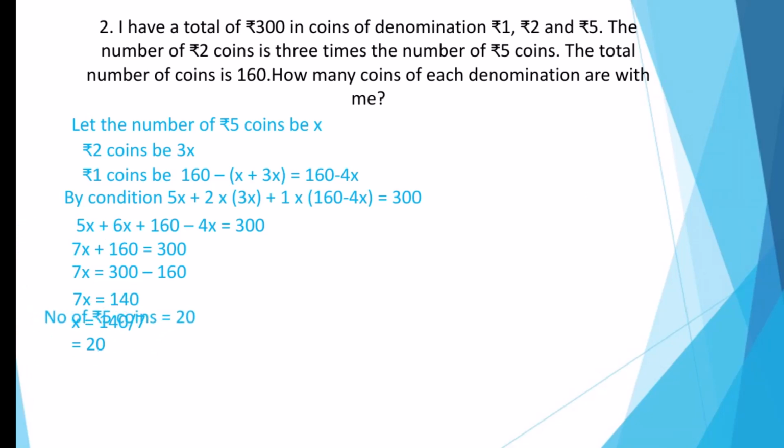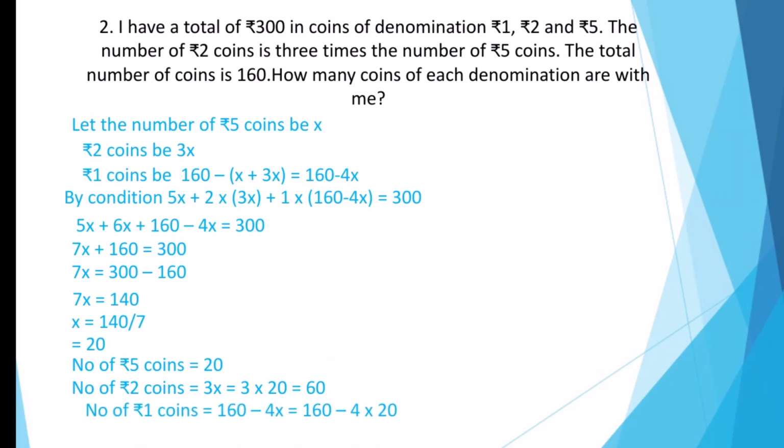So the number of 5 rupees coins is 20. The number of 2 rupees coins is 3 into 20, which is 60. Then the number of rupees 1 coins is 160 minus 4x, that is 160 minus 4 into 20, which is 160 minus 80, equal to 80. So there are 20 rupees 5 coins, 60 rupees 2 coins and 80 rupees 1 coins.